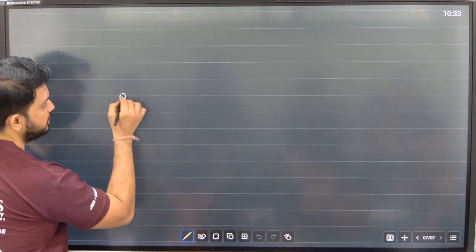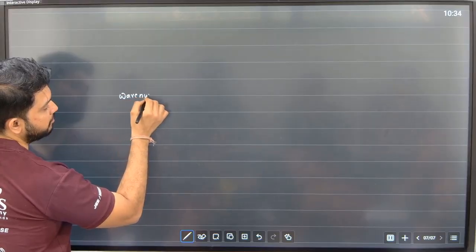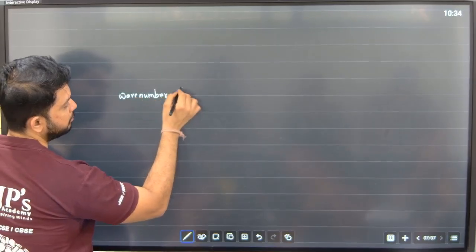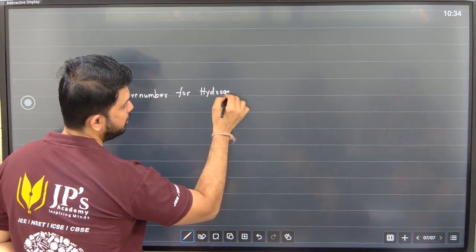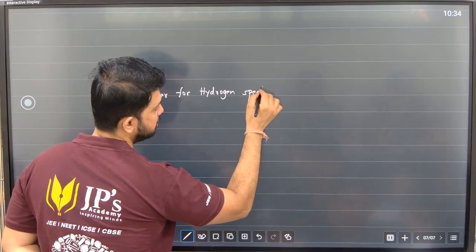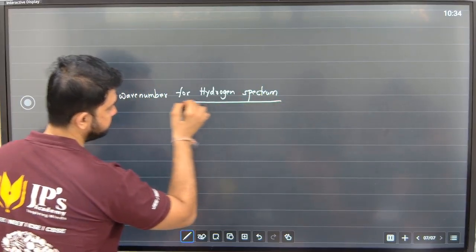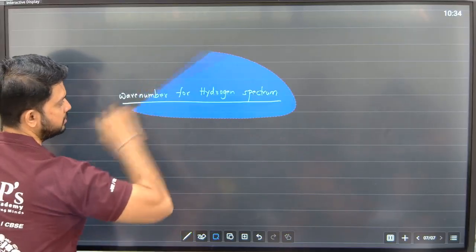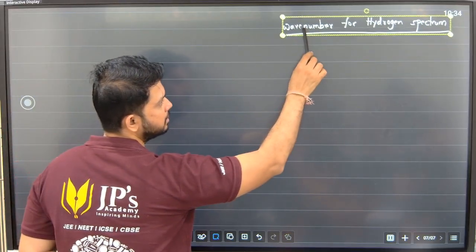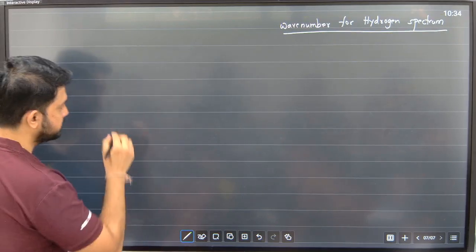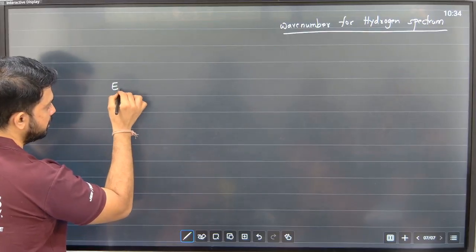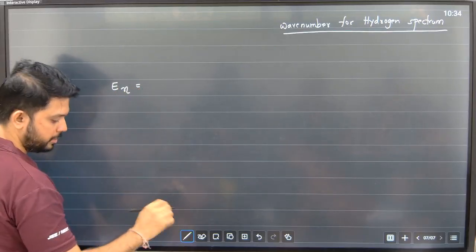We have to derive the wave number for hydrogen spectrum. Chalo. Derivation is really simple. Can someone give me the formula for energy of the electron in Bohr's orbit? What was the formula?